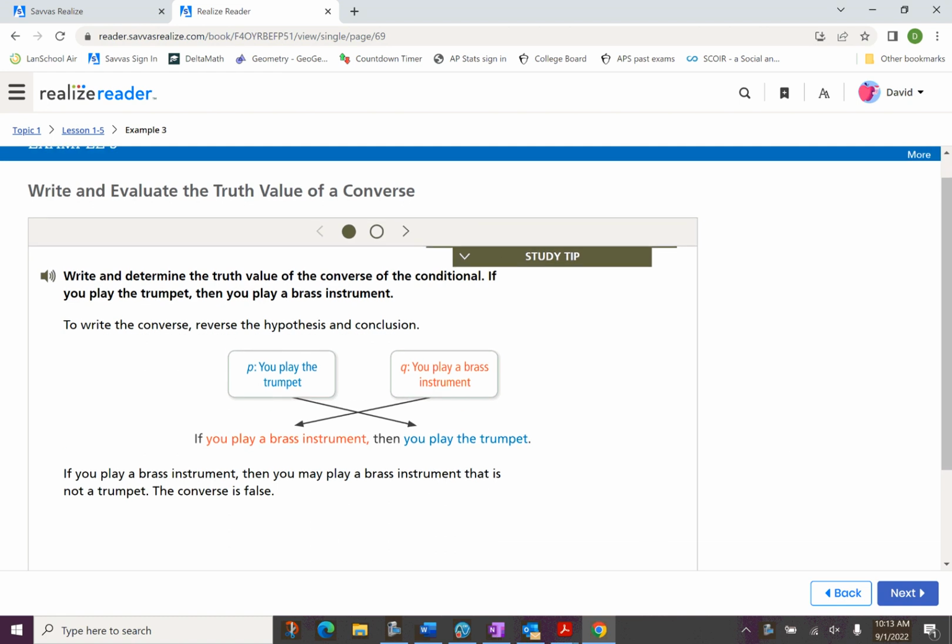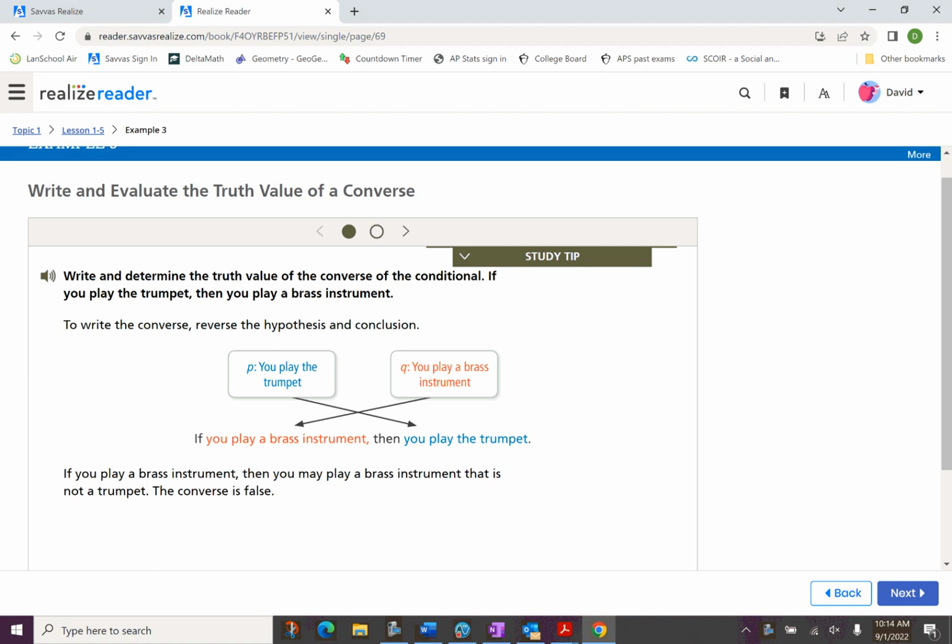Okay, so is the original statement true? If you play the trumpet, then you play a brass instrument. Yes, that's true. That's our definition there. A trumpet is a type of brass instrument. So the hypothesis is true, and the conclusion is true, so the statement is true. For the converse, if you play a brass instrument, then you play the trumpet, that's false.